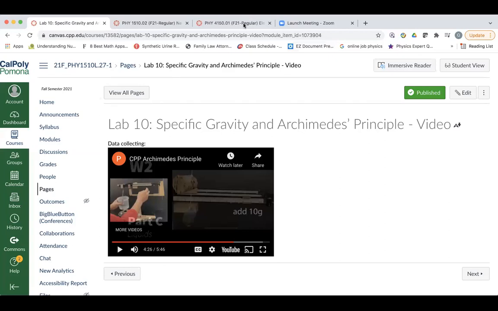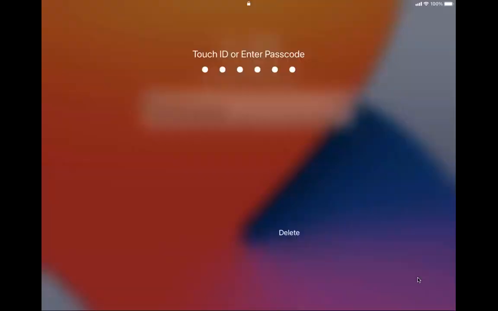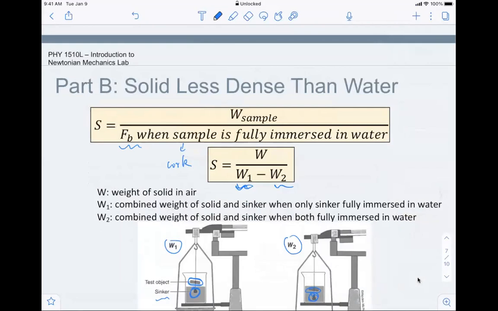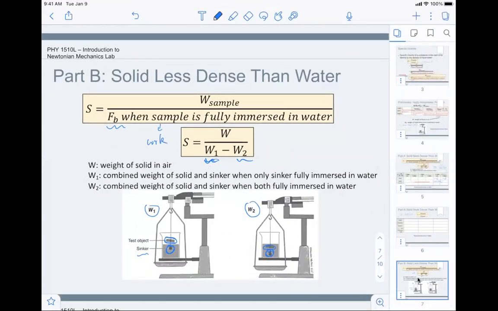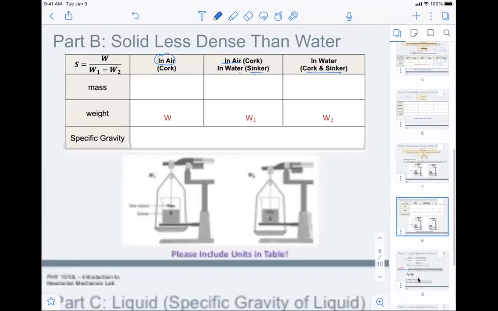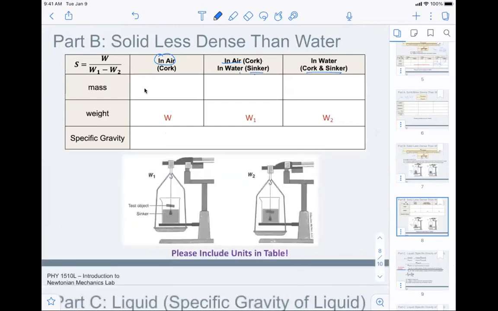The last part is the liquid. You also want to measure the density of the liquid. So you might wonder, what do we do now with a liquid? You cannot put a liquid in water, because it's not so much about immersing something in water; it is itself a liquid.